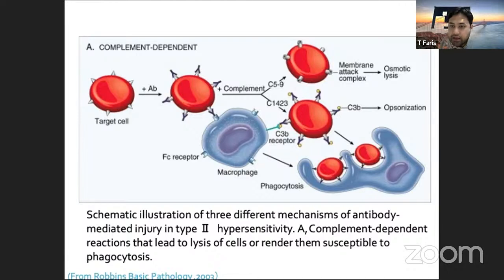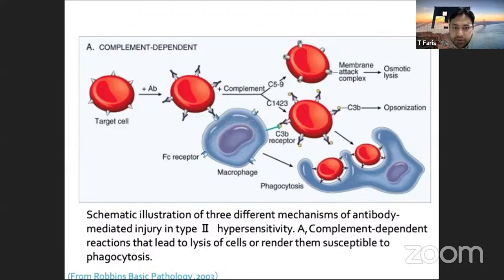Because not all antigens are possible for our body to recognize, we need the complement system. In other words, we need help from another type of protein to help the antibody work and kill the antigens. In this case, the red one is the antigens or the target cells.